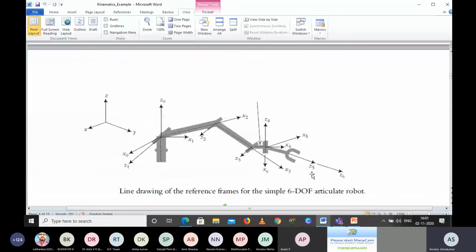Sir, actually, you can see X4 and X5. X4 you are going to rotate so that Z4 will come aligned with Z5. How will you rotate, sir, clockwise or counterclockwise? Z5 is in this direction. I'm having some doubt there.